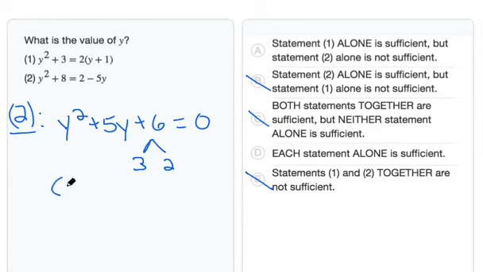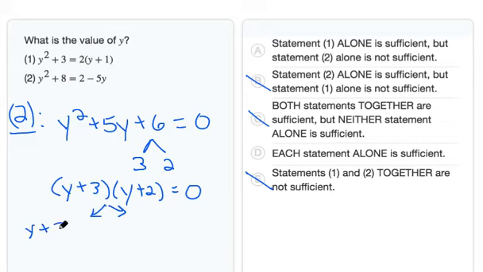So we could break this apart into (y plus 3) times (y plus 2) equals 0. Solving this even further, each factor equals 0. So we can set y plus 3 equal to 0 and y plus 2 equal to 0. Thus, y is either negative 3 or y is negative 2.